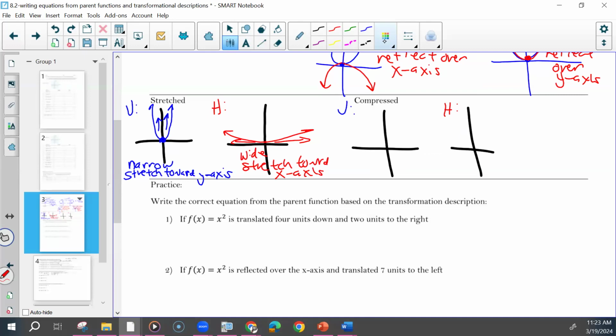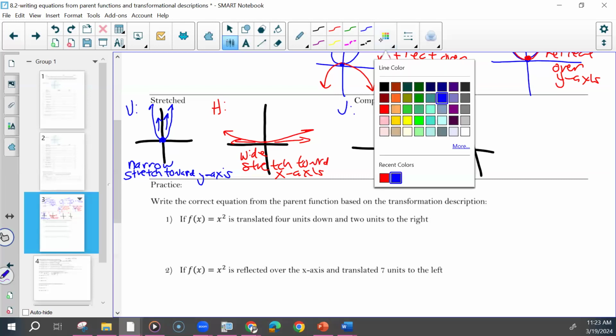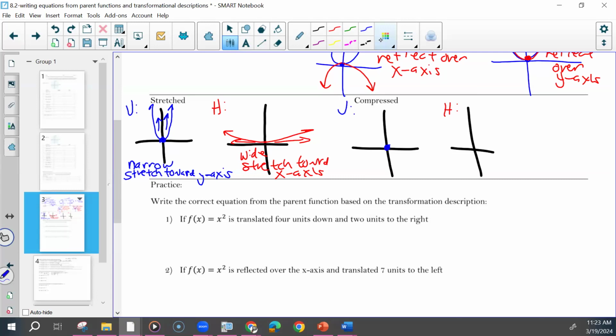And then the vertical compressions do the opposite of what they're doing here. So vertical compressions are stretching away from the y-axis, so it gets wider because of that. It's stretching out from the y-axis. So it is wide, but you can say it's like shrinking or compressing away from the y-axis.